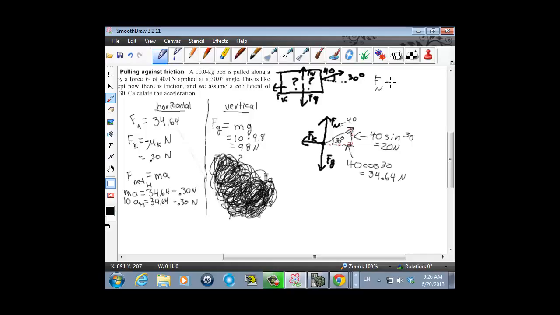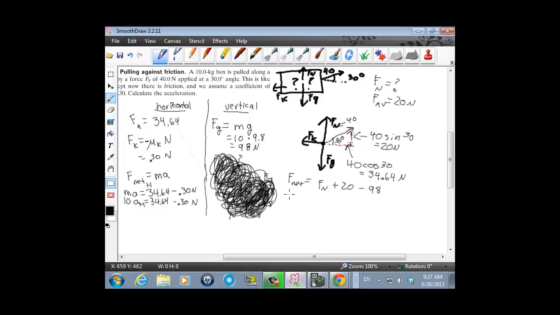Okay, so we have Fn, which we don't know what it is, but we also have a vertical applied force, which is up, which is 20 newtons. So now, if we look at our F net, it is going to be the normal force up plus 20 up minus the force due to gravity down, which is 98.